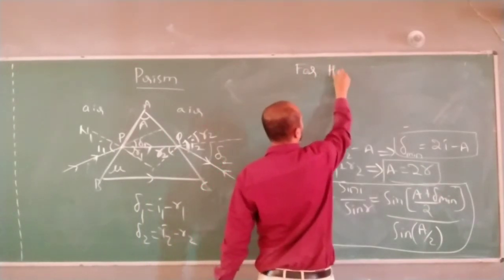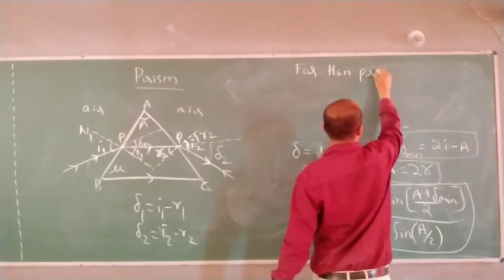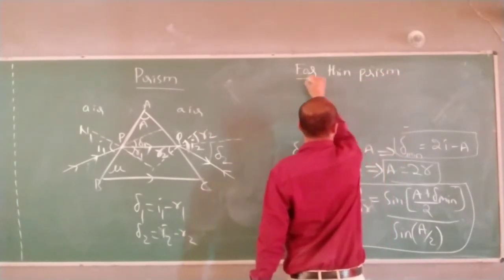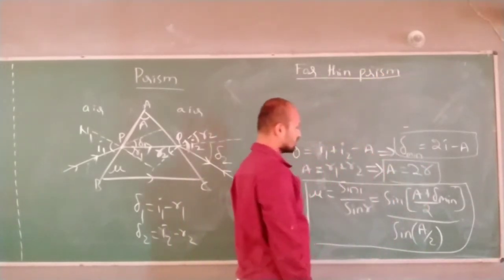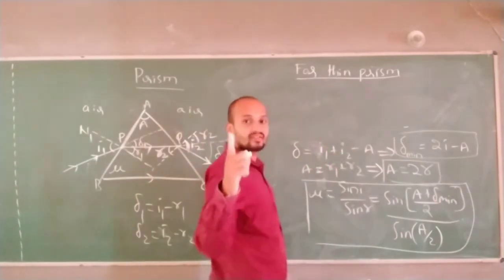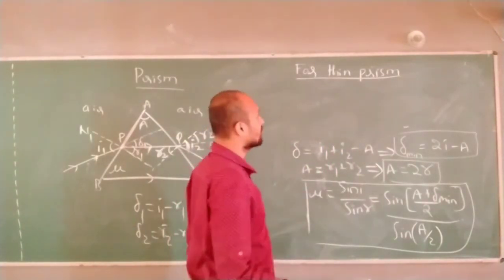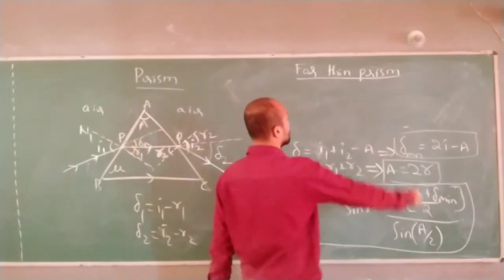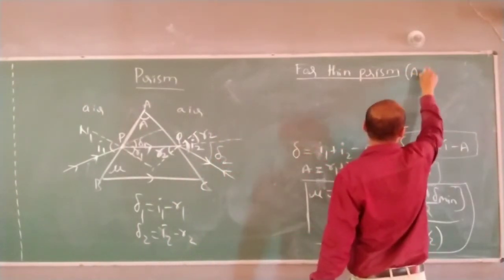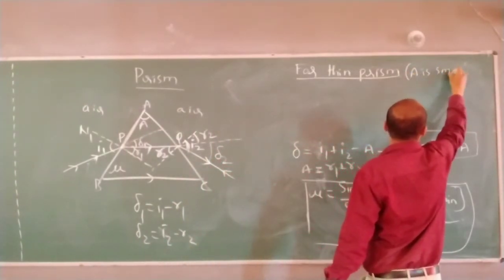For a thin prism, what will happen? Thin prism means the angle of the prism is less, so A is small.